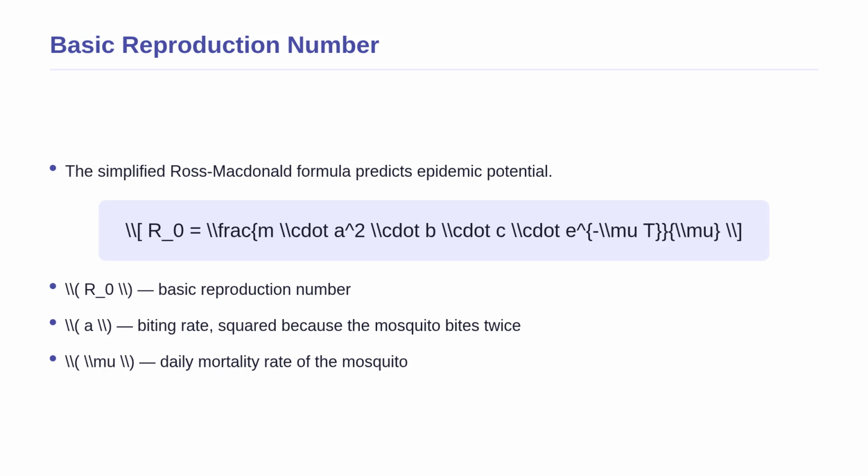The letter A represents the biting rate. Notice it is squared because a mosquito must bite twice to complete the cycle, once to get infected and once to transmit. The Greek letter mu represents the daily mortality rate of the mosquito. If the mosquito's lifespan decreases, meaning mu increases, the value of R0 drops sharply. This is exactly why killing adult mosquitoes is our best defense.